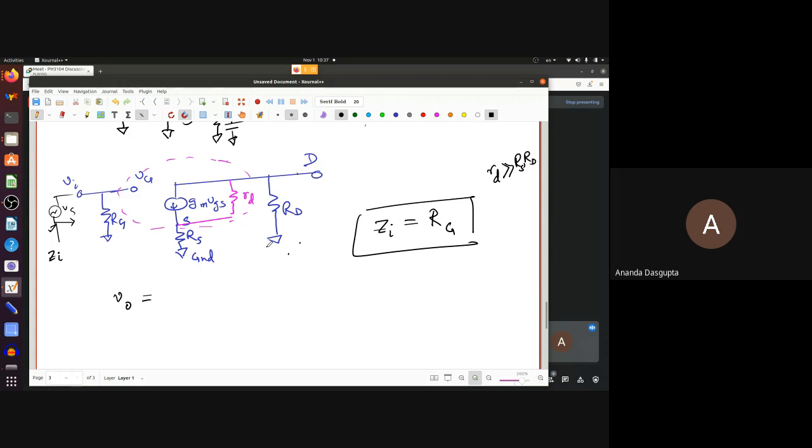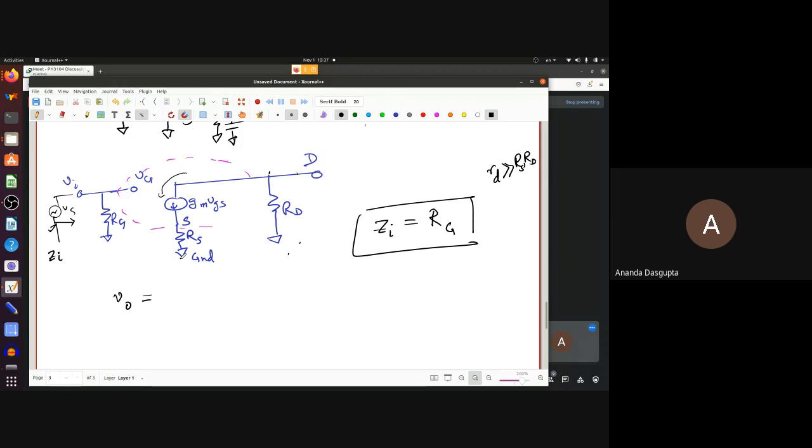Remember, this small rd is not in the circuit. I'm assuming it is too big, so I'm simplifying the thing. Now, there are two different paths which take you from the drain to the ground. One is this one. But can you directly find out what the voltage drop is when you go from the drain to the ground along this path?